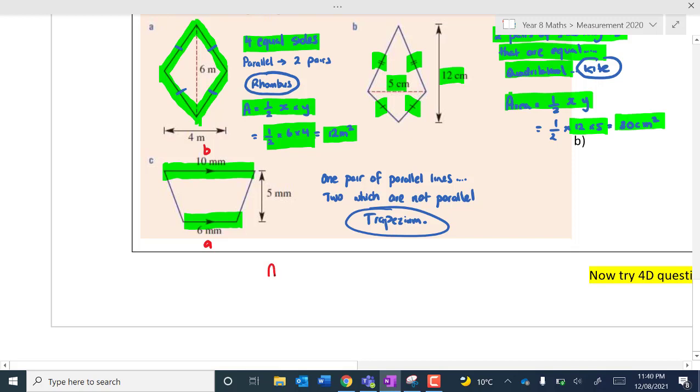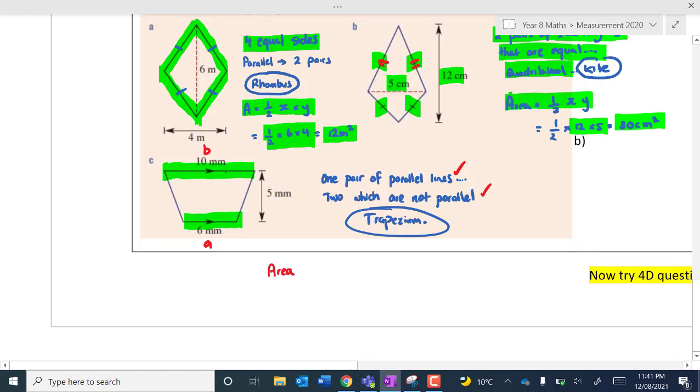And what we're looking at, of course, we've got one pair of parallel lines and two lines which are not parallel. We've got a quadrilateral. This is a trapezium. Notice for the other ones we've got two pairs of lines which are equal, and of course they also meet at 90 degrees and all of those things.